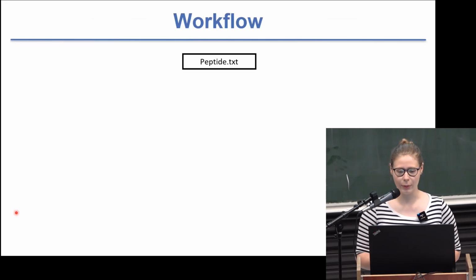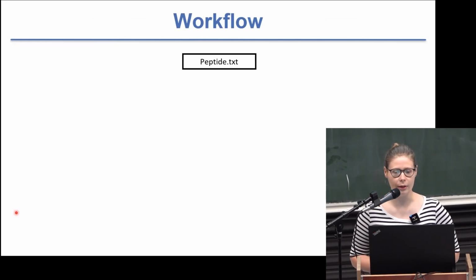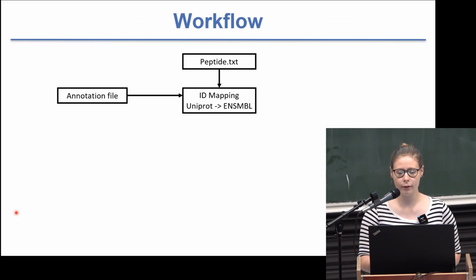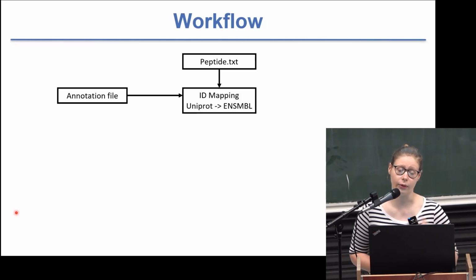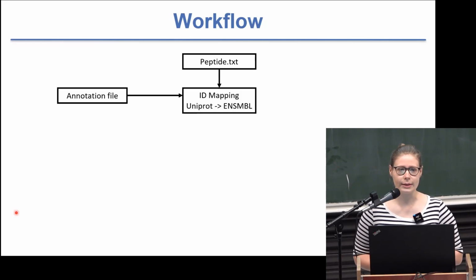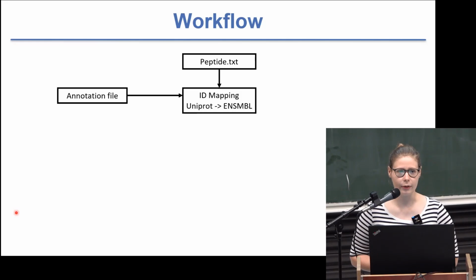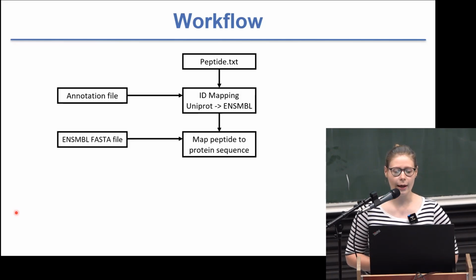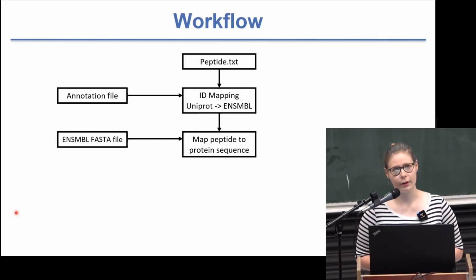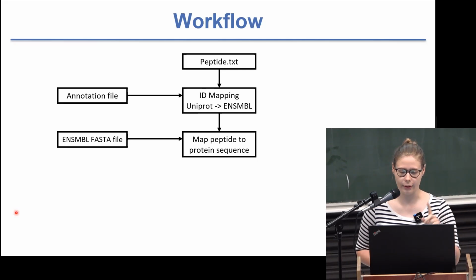So for my workflow, I take this peptides.txt file, which is from the MaxQuant output. The first thing I do is ID mapping. I convert the UniProt identifier to an Ensembl identifier. This is more for convenience because the genome is annotated in Ensembl and, of course, not in UniProt identifiers. UniProt identifiers and Ensembl identifiers are connected by the gene names.